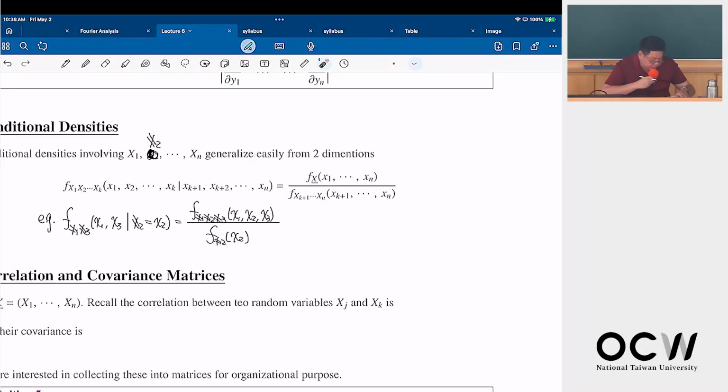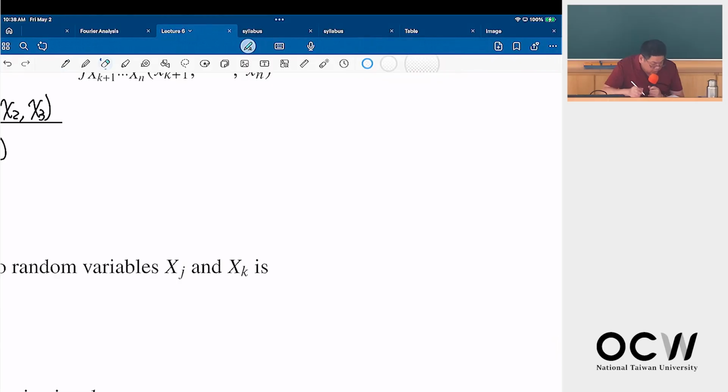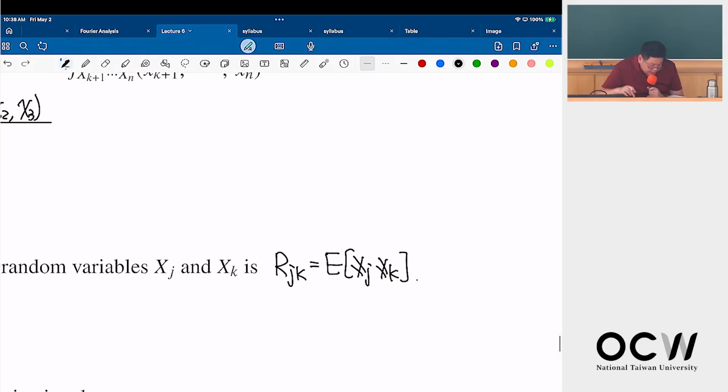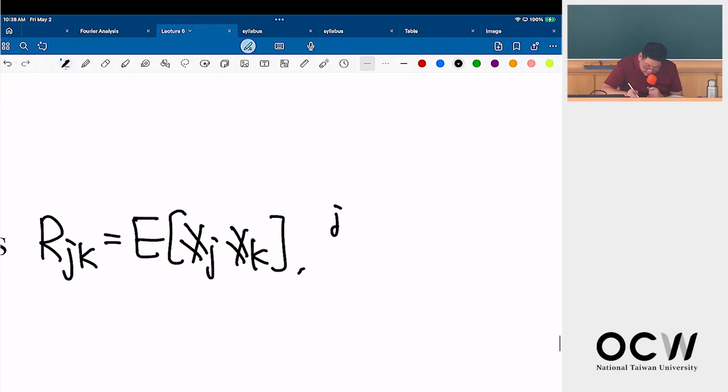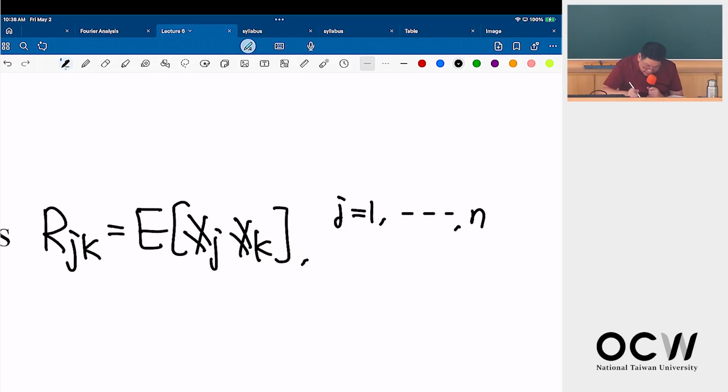The correlation R_jk is the expectation of xj times xk, where j is from 1 to n, and k is also from 1 to n.